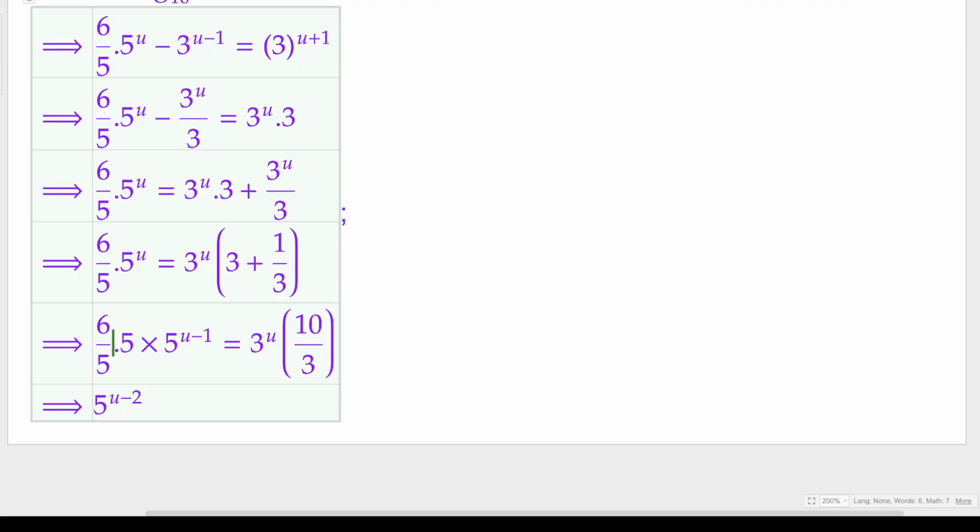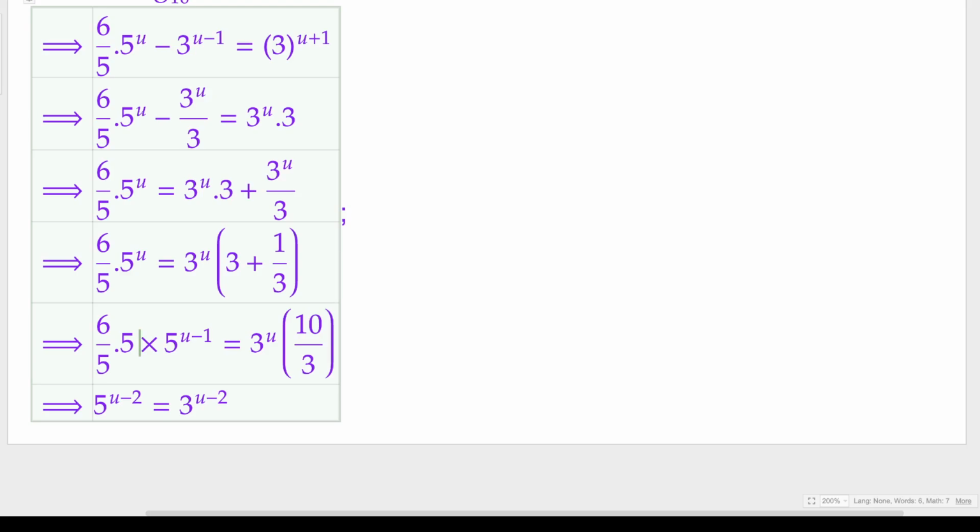So again that becomes 6 times 5 to the power u minus 1. Now on resolving this further, this surely becomes 5 to the power u minus 2 and this is equal to 3 to the power u minus 2 over here, right.